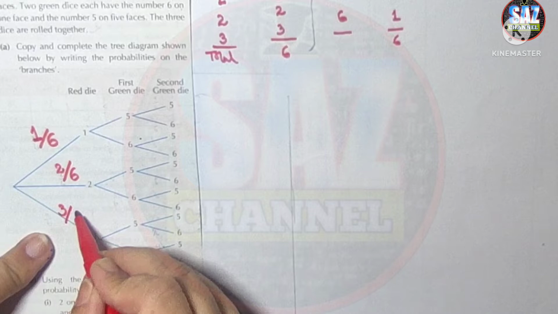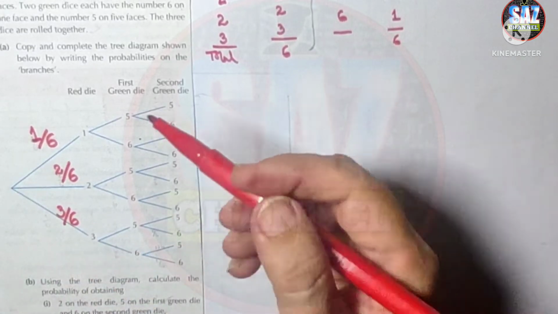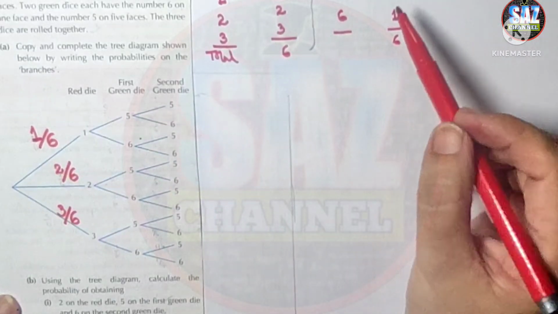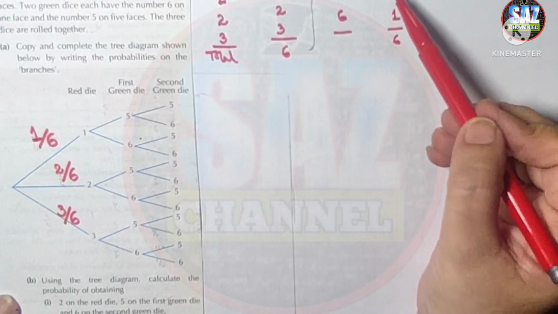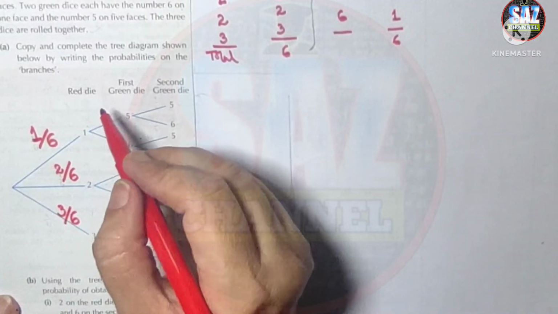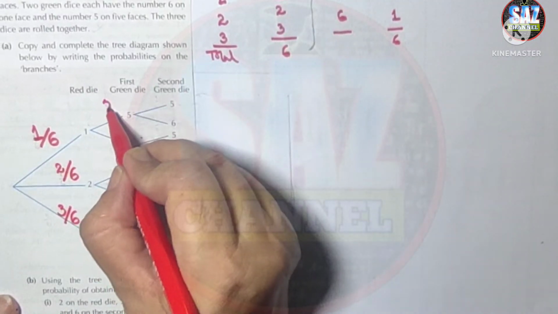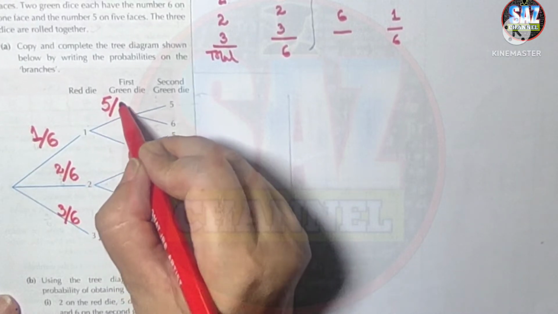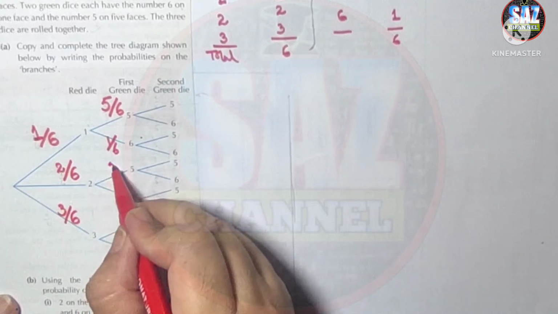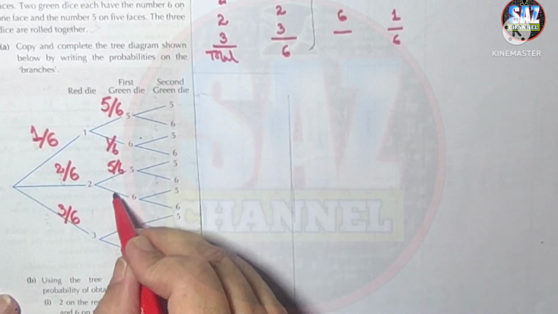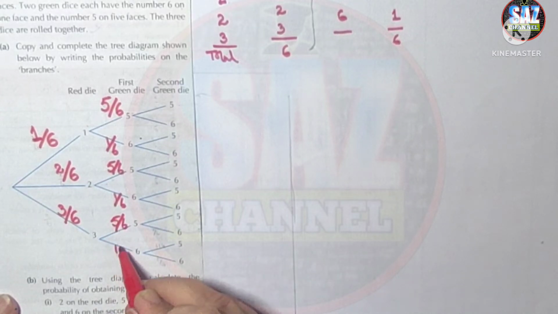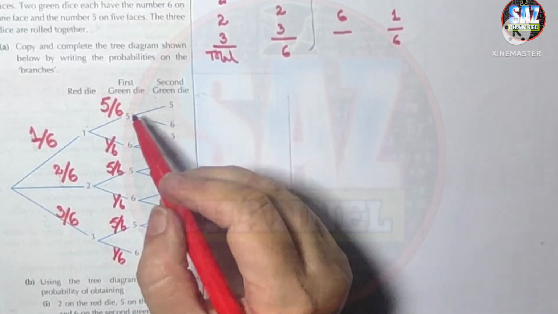Moving to the green dice, first green dice and second green dice. Here number 5 is written on 5 faces. So, the chance of 5 coming up from the first green is 5 by 6, and 6 is 1 by 6. Students, both green dice are identical.